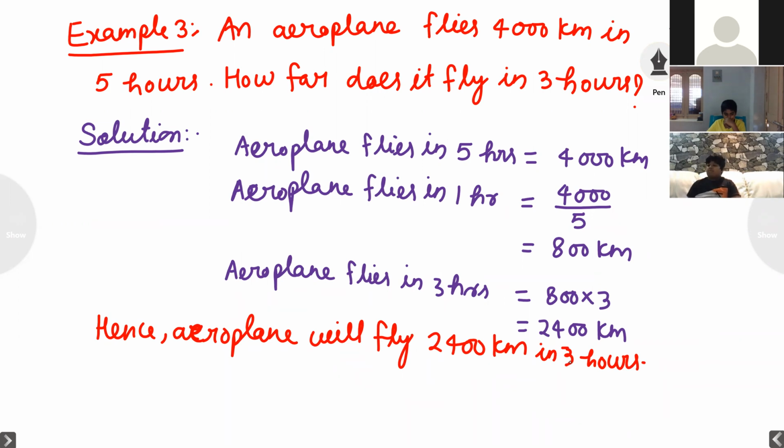Hence, aeroplane will fly 2,400 kilometer in 3 hours.